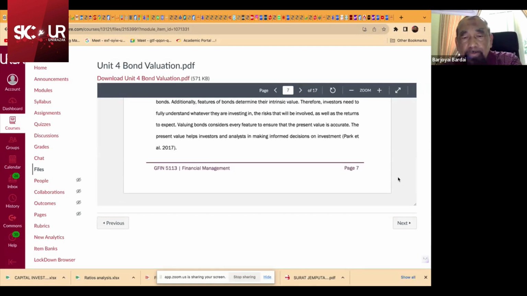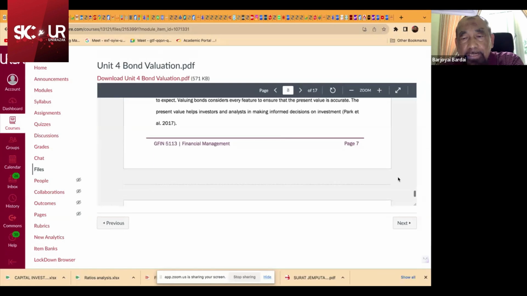Valuing a bond will consider every feature to ensure that the present value is accurate, and the present value will help investors and analysts in making informed decisions on investment.